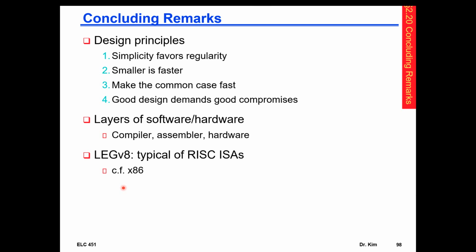And we want that design to serve the common case because it's like getting the most bang for your buck, or essentially investing in what matters when it comes to design efficiency. But without losing sight that good design demands good compromise. So you cannot favor simplicity so much that you really have a bad design because it's too limited.